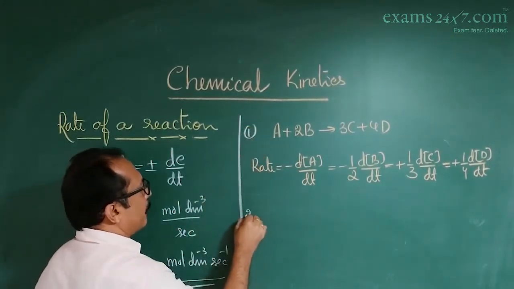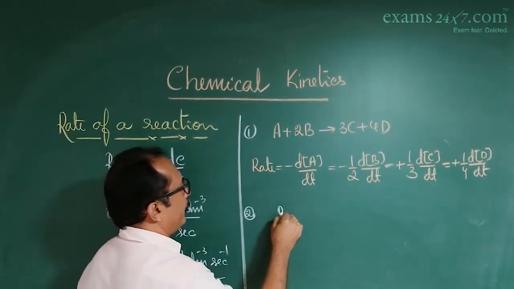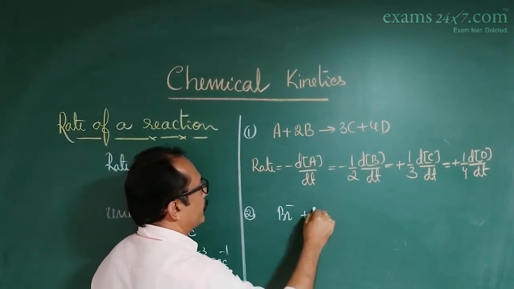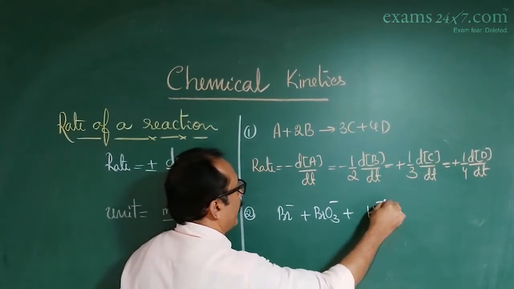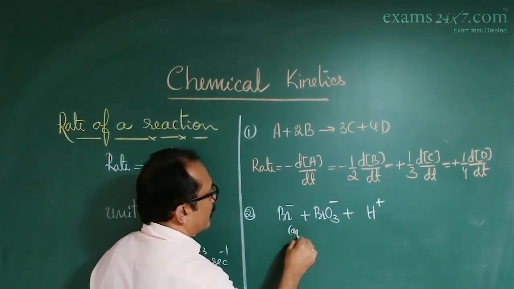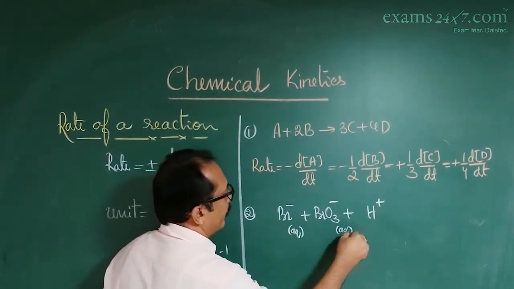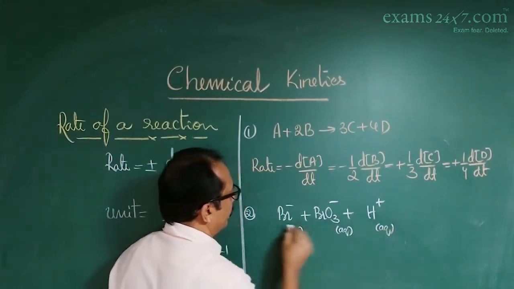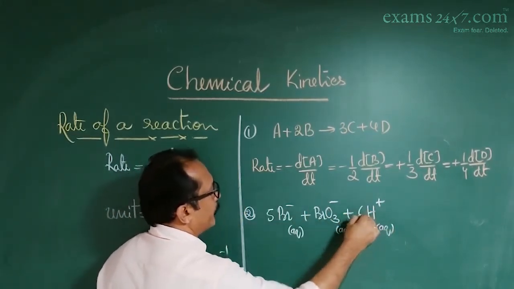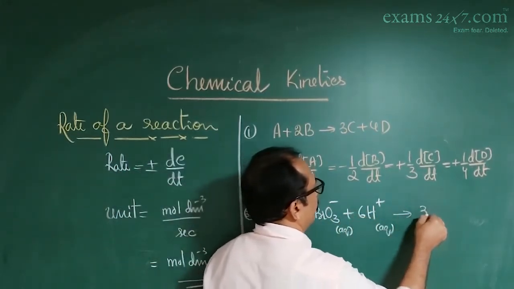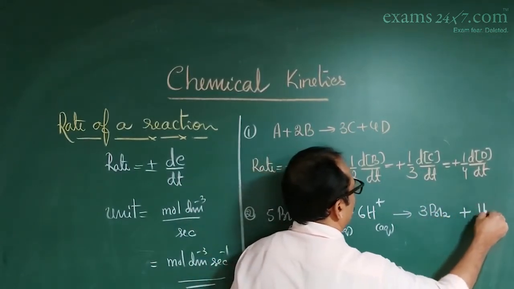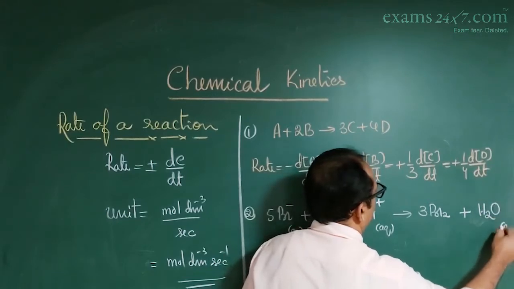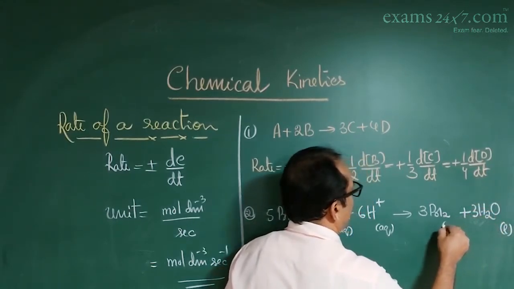Now, a second example: Br minus, BrO3 minus, H plus, all in aqueous medium. It gives 3Br2 and H2O. H2O is liquid.